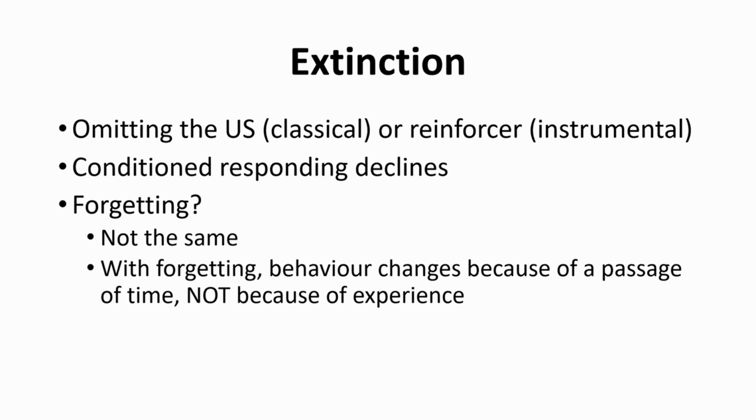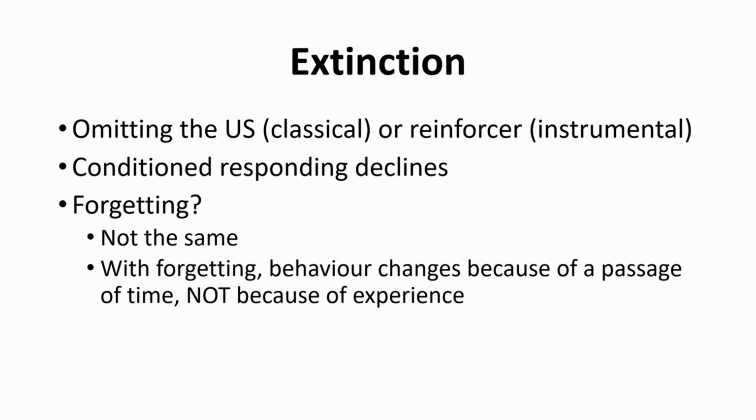In instrumental conditioning, extinction involves no longer presenting the reinforcer when the response happens. So even though the behavior, the response, is occurring, there is no reinforcer afterwards. So in both cases, one of those elements of that setup has been removed, and our outcome should be that there is a decline in our conditioned responding.